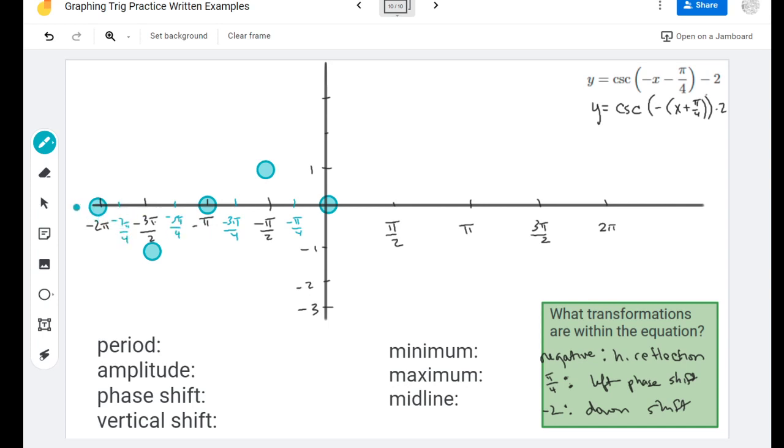And I don't have a long enough bar, so I'm going to add on to it. That'll be -9 pi over 4. Alright, so each of these is going to get scooted over to the left by 1 tick mark. So we did our horizontal reflection. We did our left phase shift. Now we need to do our downward shift by 2 for each of these.